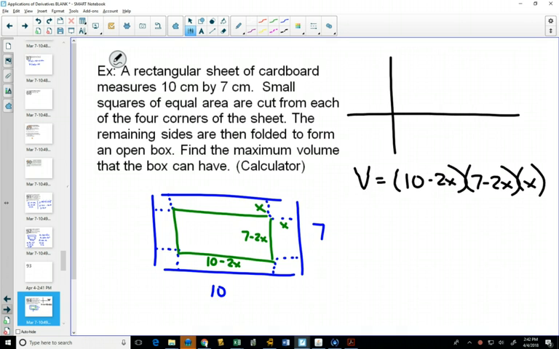You could draw a quick sketch of this equation because it's in factored form. You would know that you have an x-intercept at 0 from this one, x-intercept at 3.5 from this one, and an x-intercept of 5 from this one. 3.5 then, because cutting 5 from both sides would give you a negative.